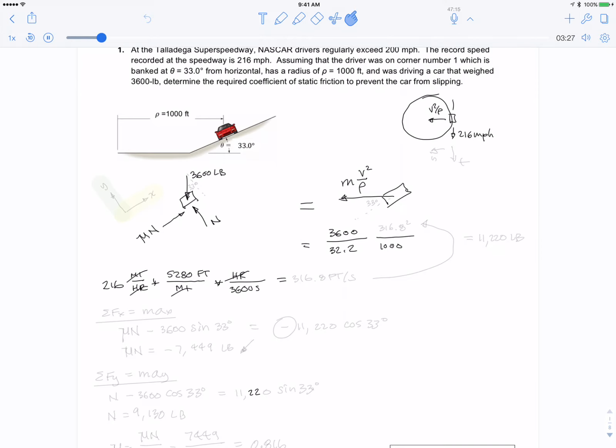And so, in feet per second, it becomes 216 times 5,280 divided by 3,600, 316.8 feet per second. Okay, so I'm going to just put that back in up here for the feet per second.